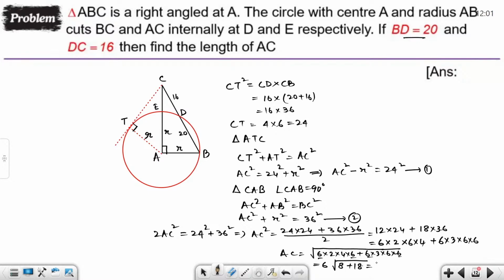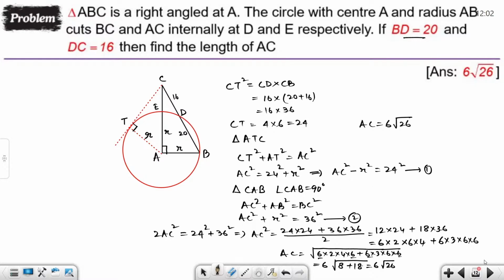So it is coming to 6 root 26, correct? Therefore, the length AC is nothing but 6 root 26. Let me review the answer. Yes. Have you understood? Are you understanding how I am applying the second tangent secant theorem? Okay.